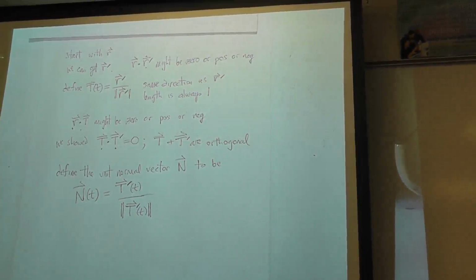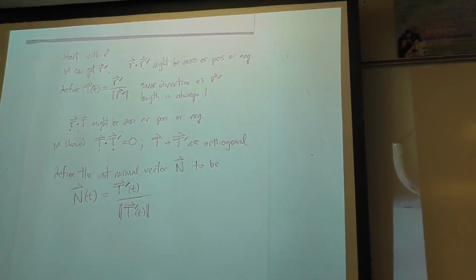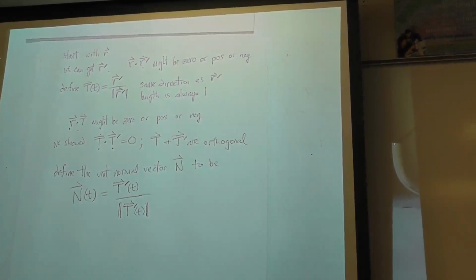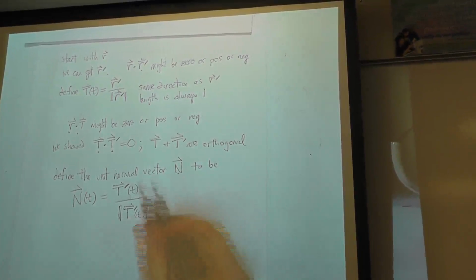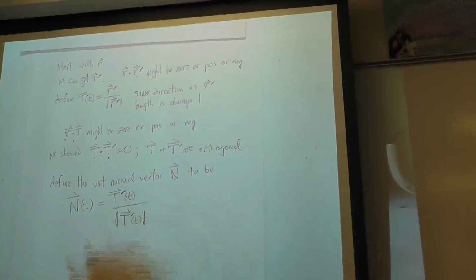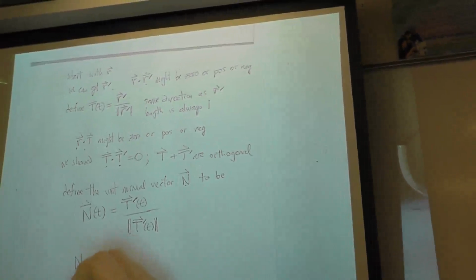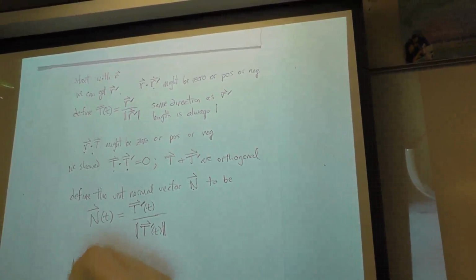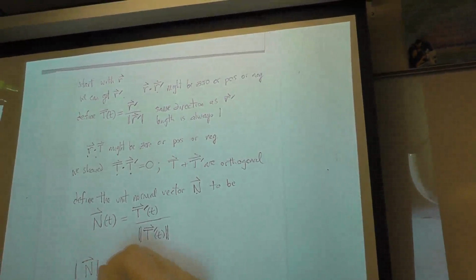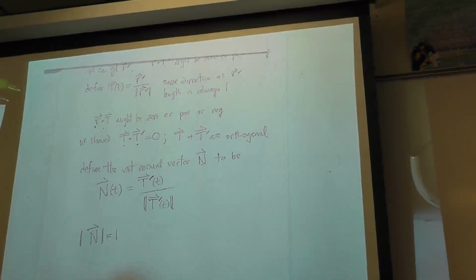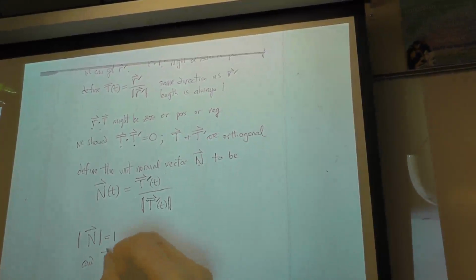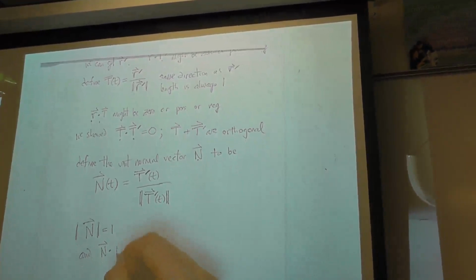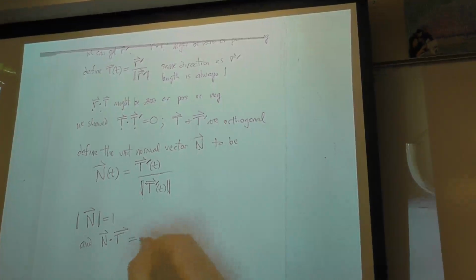It's a unit vector. Its length is always 1. It's a multiple of T prime, so we have that the magnitude of N is always 1, and N dotted with T is always 0.